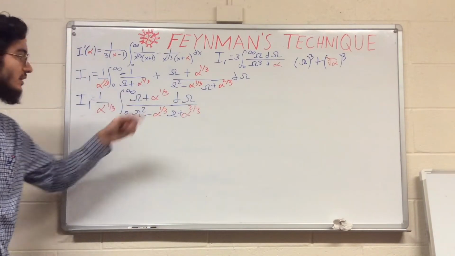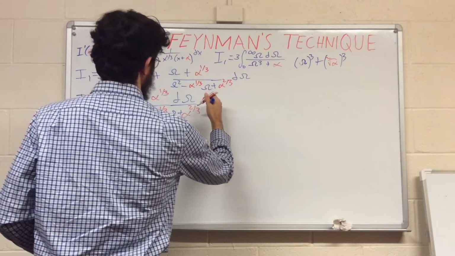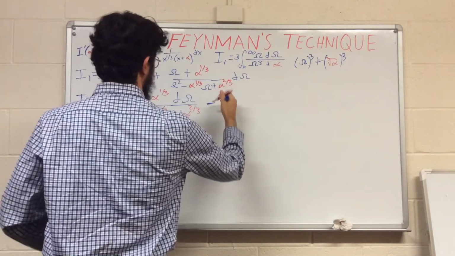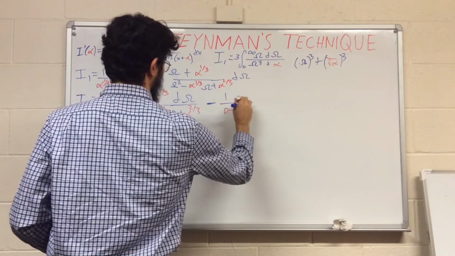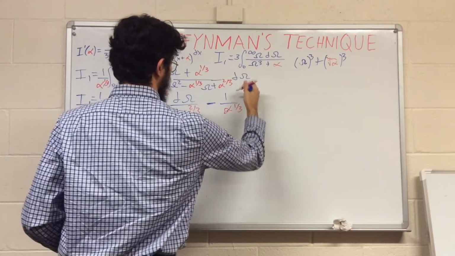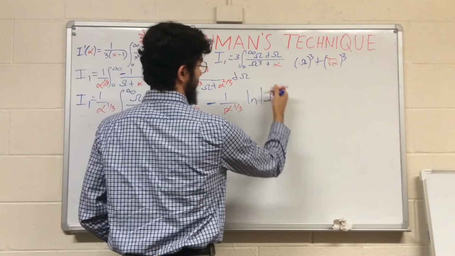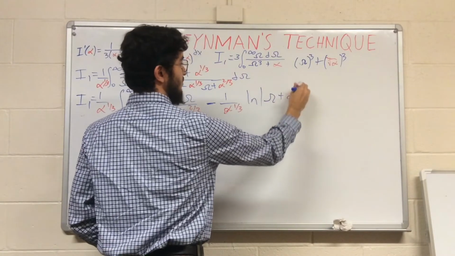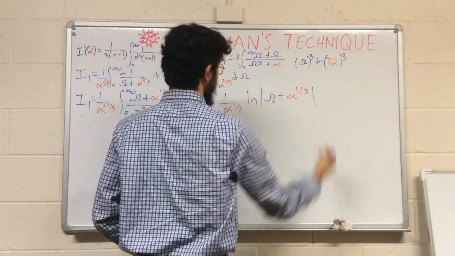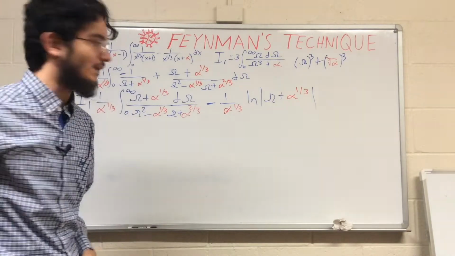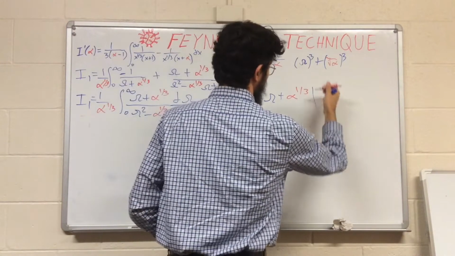And this over here, we know that it's going to be nothing but minus 1 over alpha to the 1/3 times natural logarithm of absolute value of omega plus alpha to the 1/3. And of course, don't forget to evaluate this from 0 to infinity.